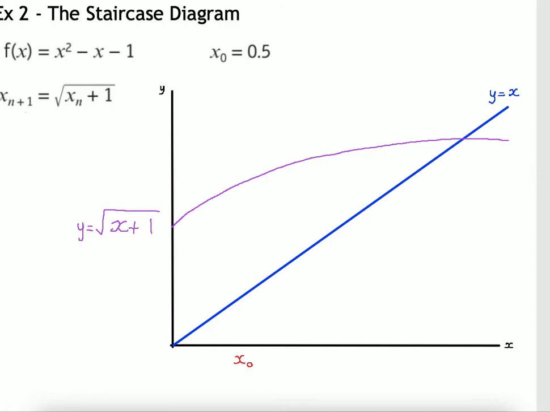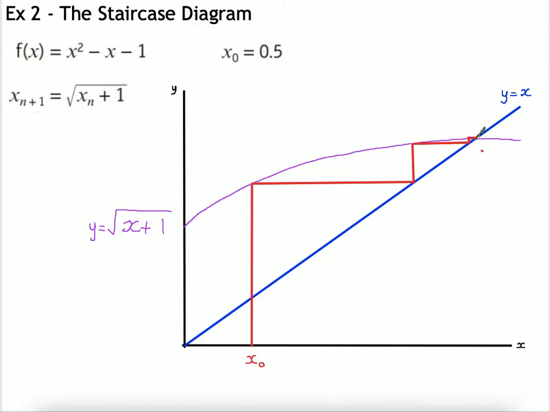So if we were to take our original value of x0 is 0.5, and if I was to draw up to the curve, what that will then do is place it back into the function, and then this becomes our new input, and then we substitute it in, and then that value becomes our new input, until eventually we get to our root, and our root is here in this case.